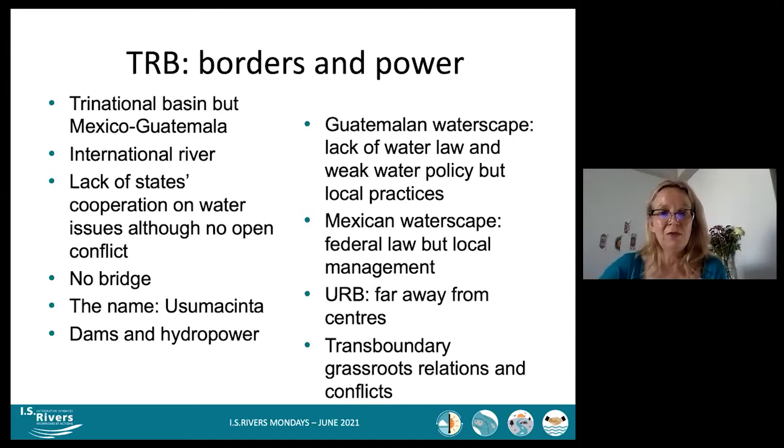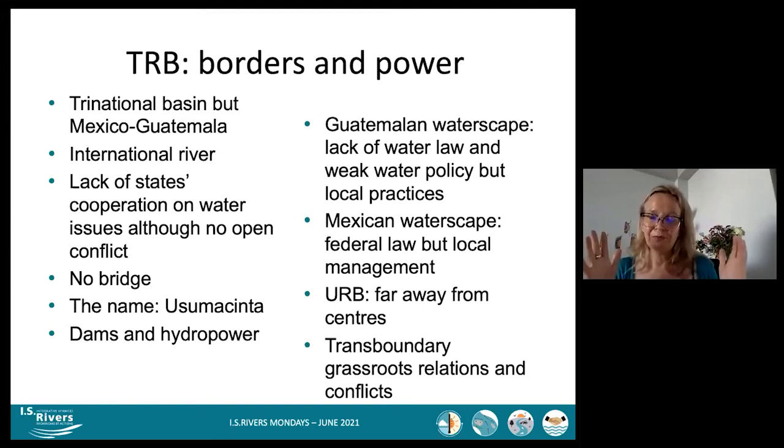They refer to other rivers that flow on the Guatemalan side. So that's an interesting aspect of the power plays, the asymmetry between Mexico and Guatemala, that are trying to get an idea of a river basin that corresponds to a name, the name of one of the states that forms the territory of this river basin.